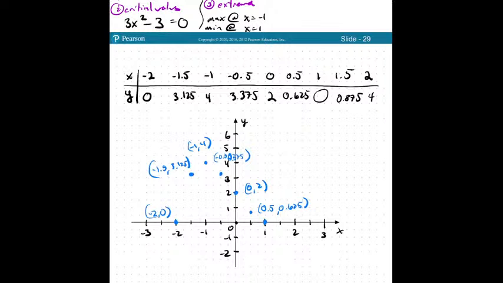And then 1.5, 0.875 is about here. Okay. And then over 2 and up 4. Okay. So then if we connect it with a smooth curve, we'll have something like this. There's a point of inflection.